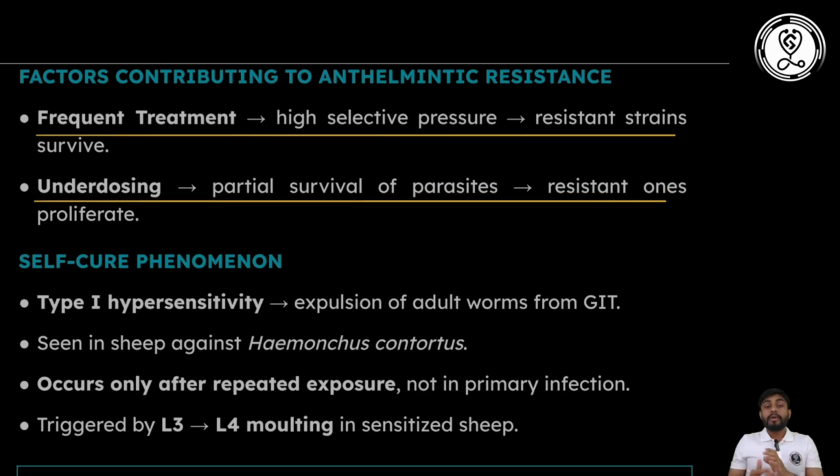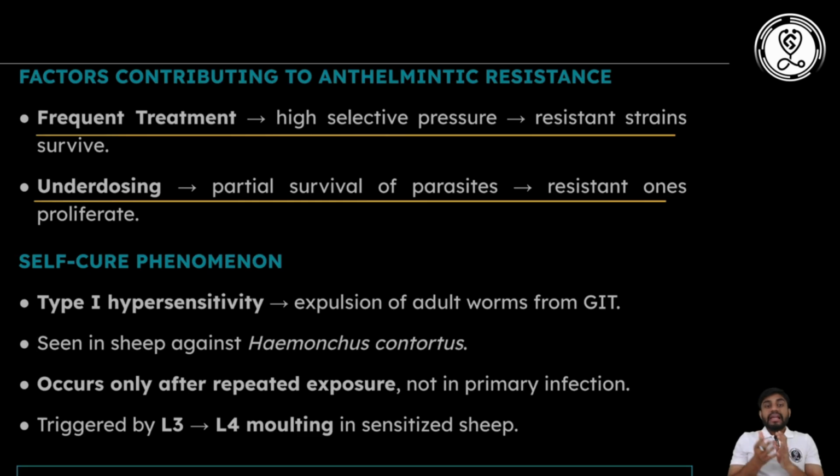Underdosing is also harmful, because suppose you give benzimidazole and think the infection is controlled, but some population of parasites was hidden and remained in the body. Then the resistant or surviving ones will proliferate, and they will pass their characters to their progeny, so they will develop resistance against benzimidazoles or any other drugs. So both underdosing and overdosing are factors that may contribute to anthelmintic resistance.